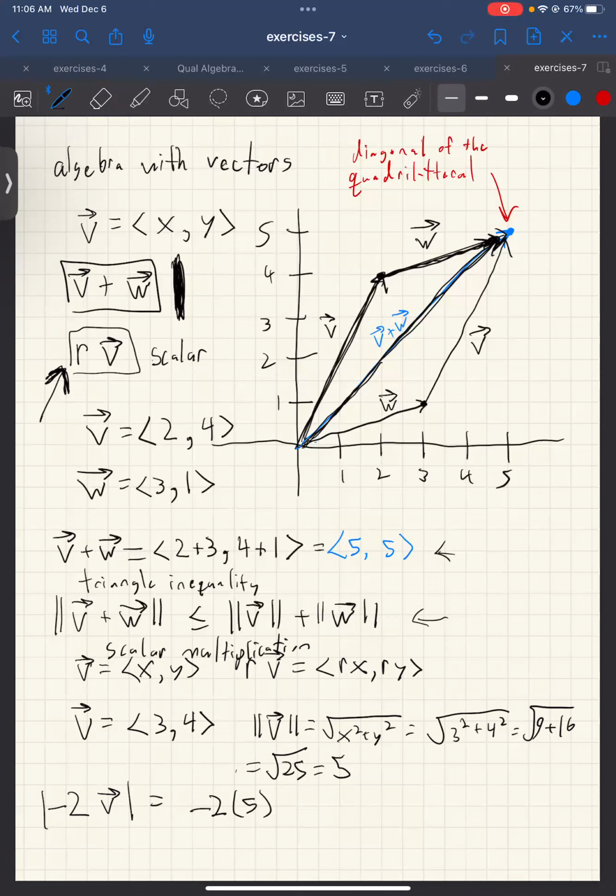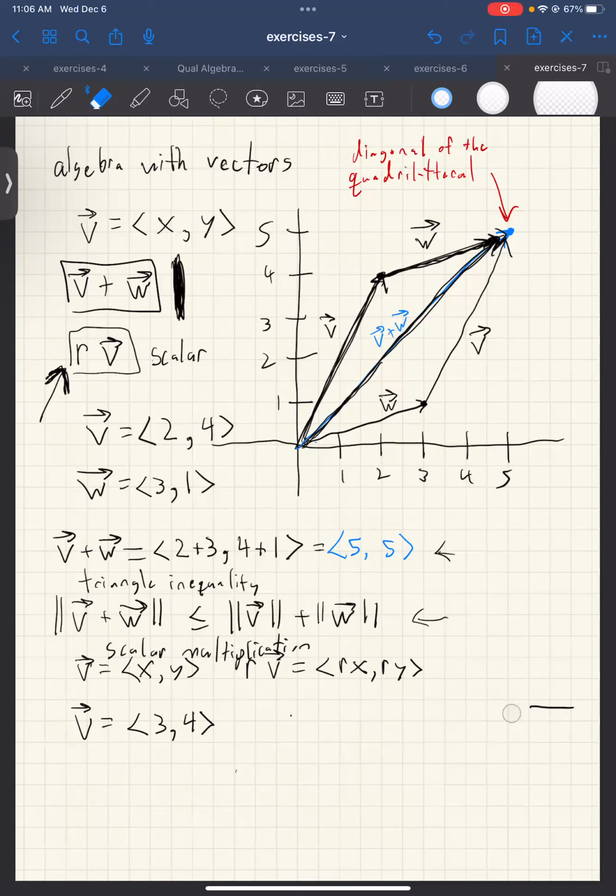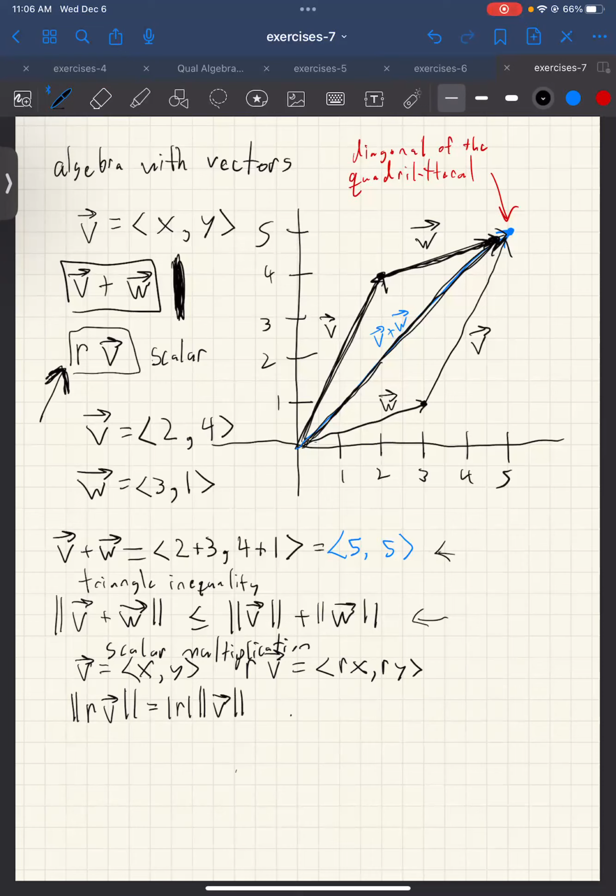Because, well, how are we going to have a negative length? So this means we just take the absolute value of that instead. And that just turns into 2 times 5. So we can say for our magnitude that the magnitude of r times v is equal to the absolute value of r times the magnitude of v.